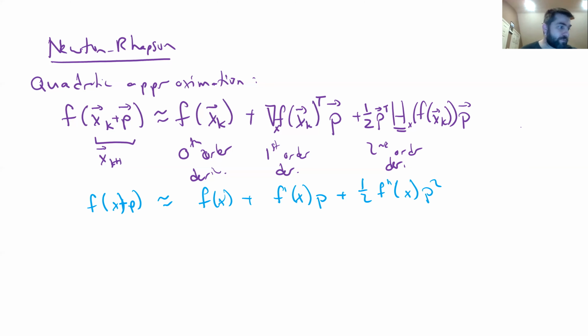What can we do with this? Well, we're going to start with the quadratic approximation, and what we want to do is minimize this. This is an approximate value of the function after we've taken the step.